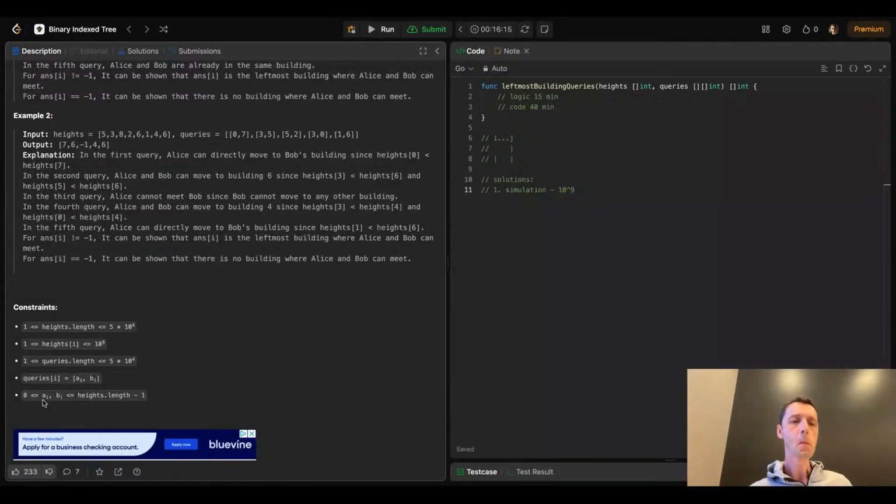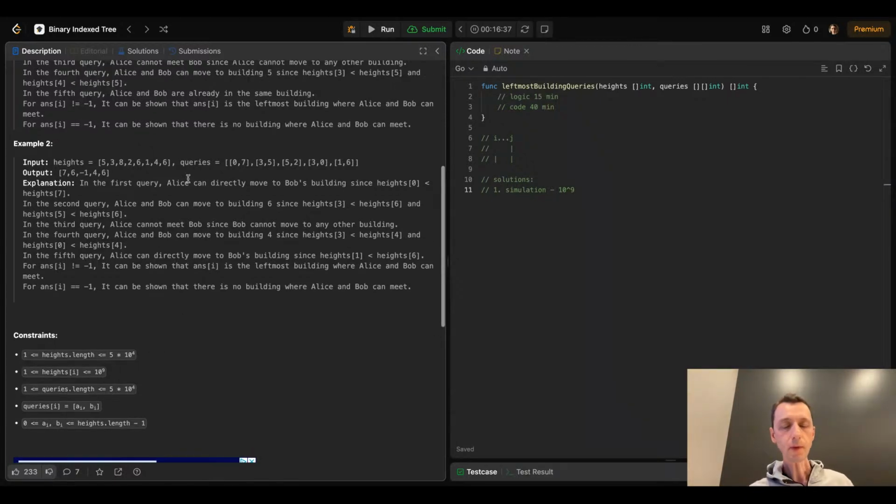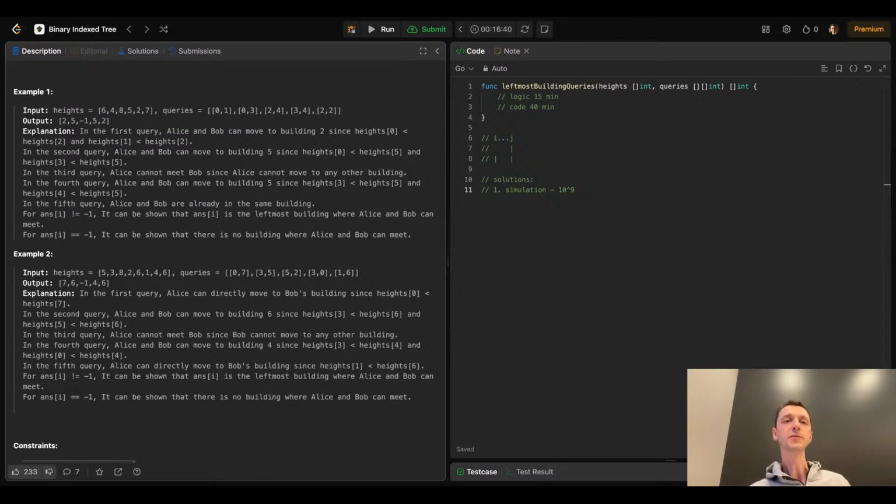So A and B is lower than this length of heights, but there could be any disposition. Okay, so we have 16 minutes. I think so far we have a brute force, but not an optimal solution.